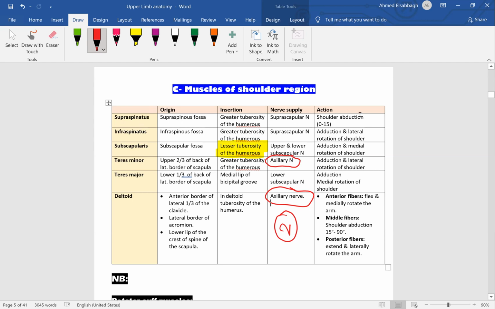The action of supraspinatus is shoulder abduction from 0 to 15, as I told you before. Teres minor and deltoid are supplied by axillary nerve. The action of deltoid is shoulder abduction from 15 to 90. Just know this from this table.